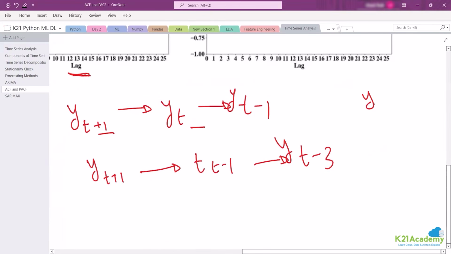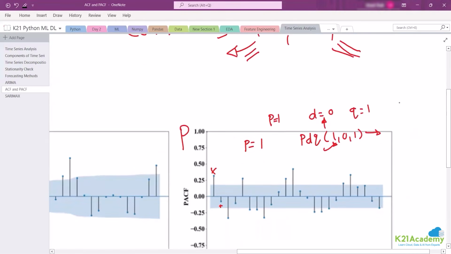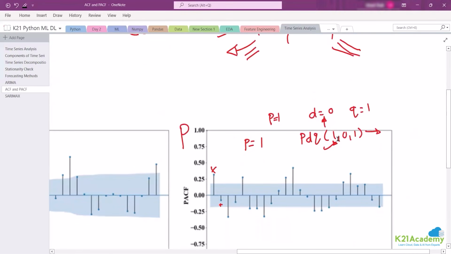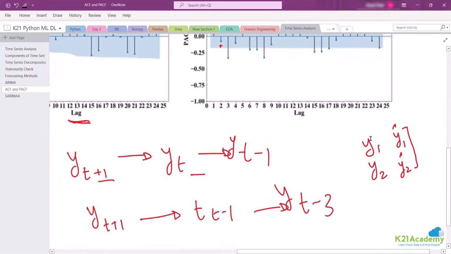These are the actual values y1, y2, and these are the predicted values y hat 1 and y hat 2. If there is very small difference between y1 and y1 hat, y2 and y2 hat, then we will stick to our initial pdq combination.